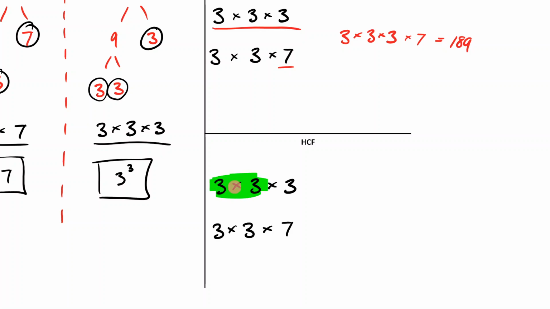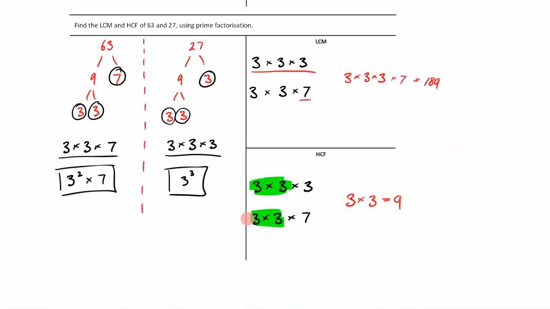Here I have two 3s. Here I have two 3s. That's what they share in common. They both have two 3s. So that means to find my HCF, I go 3 times 3, which is 9. That's going to be my highest common factor. And that's how we approach it. Hopefully that makes sense on how we approach those things.